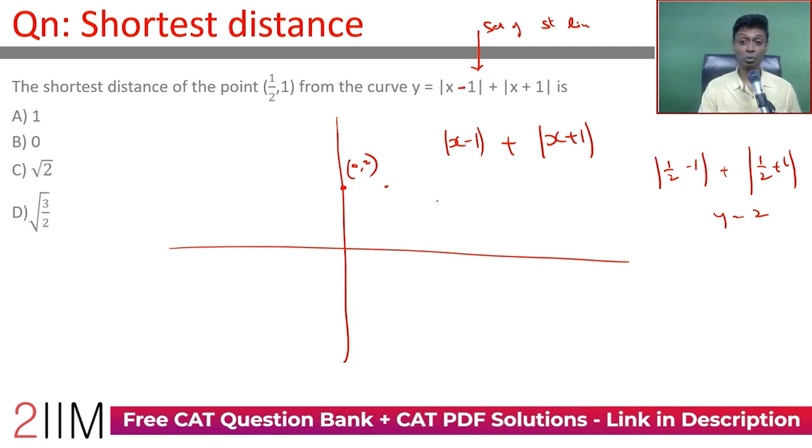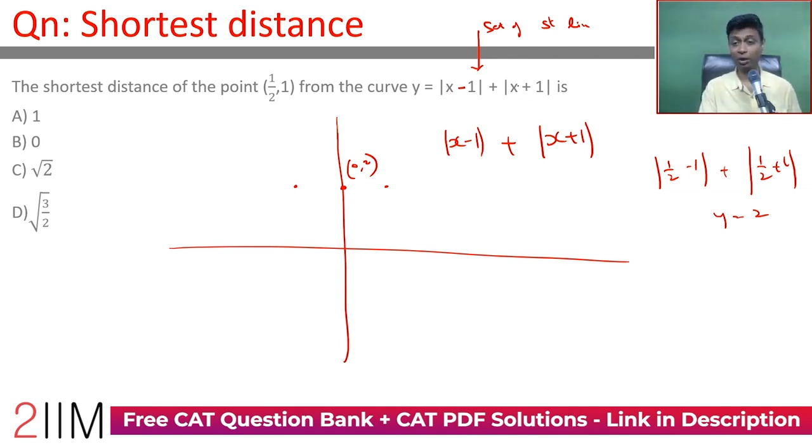X equal to minus 1 will be a point here. And x equal to 1 by 2, the modulus of half minus 1 is 1 by 2, plus 3 by 2, y equal to 2. That will also be a point. So think about this, a wonderful graph.